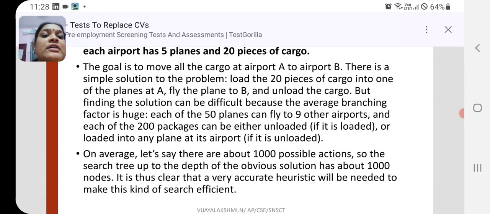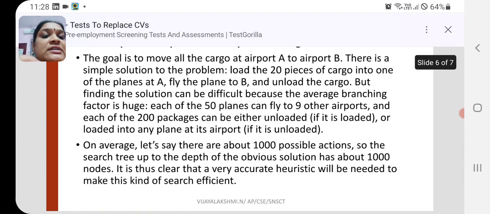But if we do it like this, it can be a difficult one, since we have a branching problem here. The depth will be huge. Each of the 50 planes can fly to 9 other airports, and each of the 200 packages can be either loaded or unloaded.